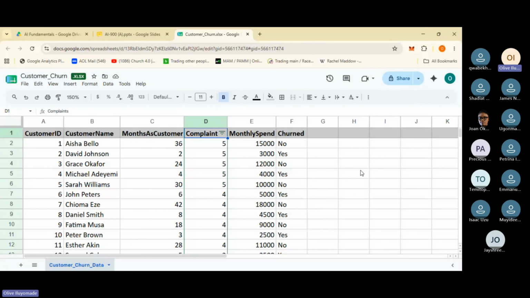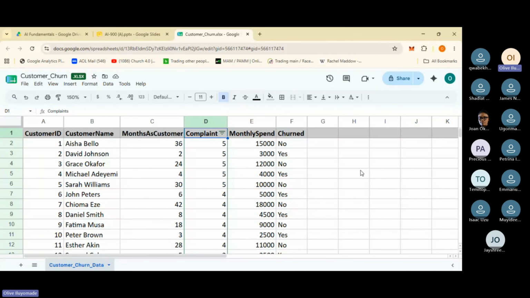So give me a scenario, somebody whose voice I haven't heard. Give me a scenario using months as customer, complaint, monthly spend, where AI would say, because we have now learned how AI would reason from looking at this data.